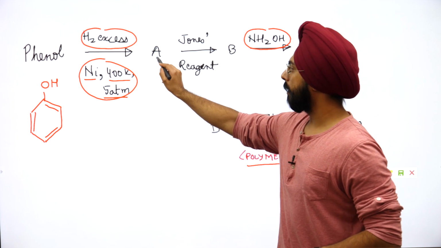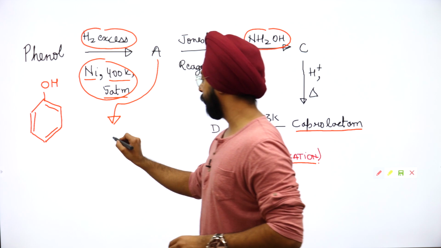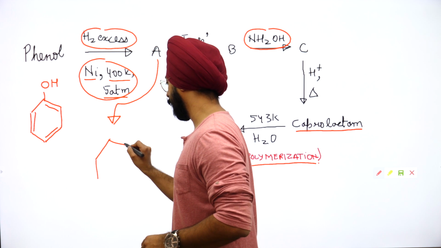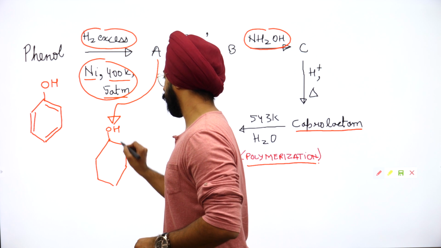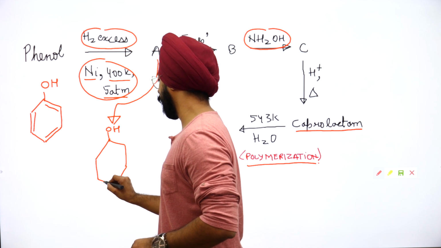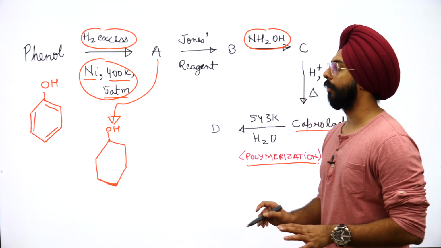So what you will get as the product A over here, which I'll draw, is cyclohexanol. एक cyclohexane बना रहेगा और उसके ऊपर यहाँ तुम्हें मिल जाएगा OH. As simple as that. Basically your double bonds are reduced to single bonds now by the provision of hydrogen.